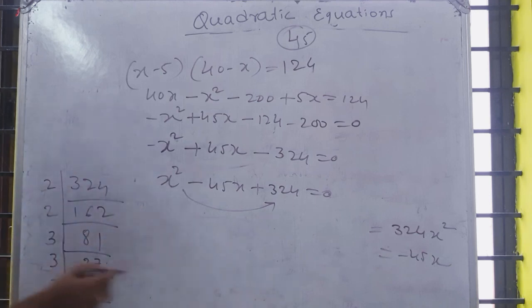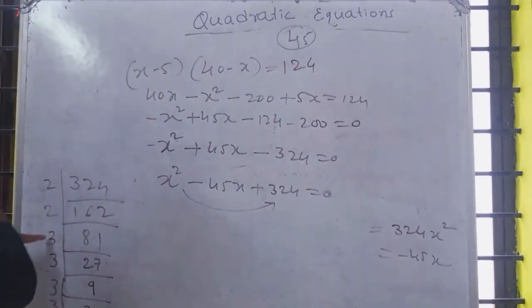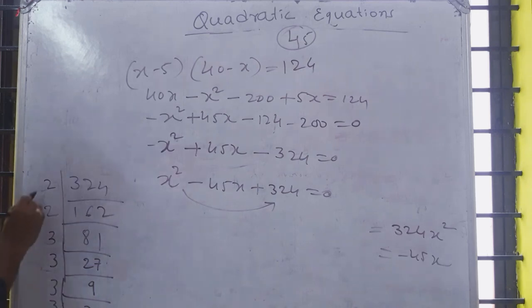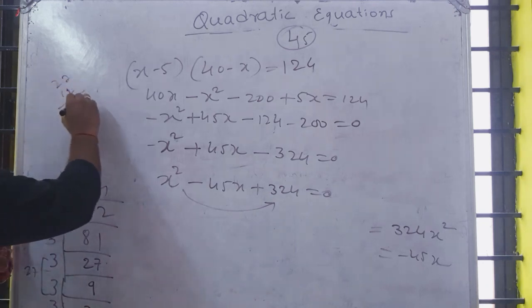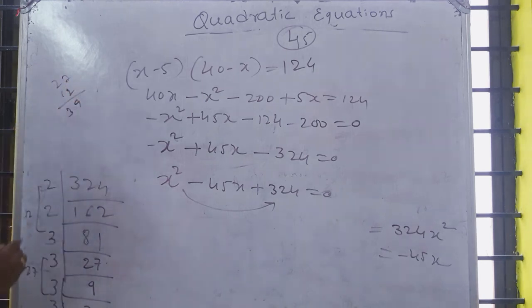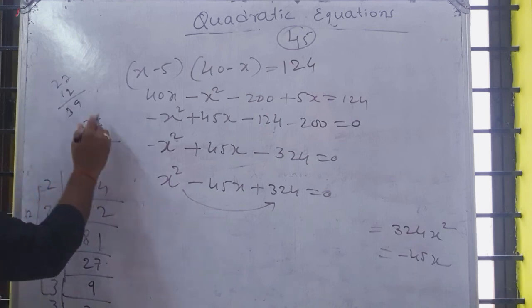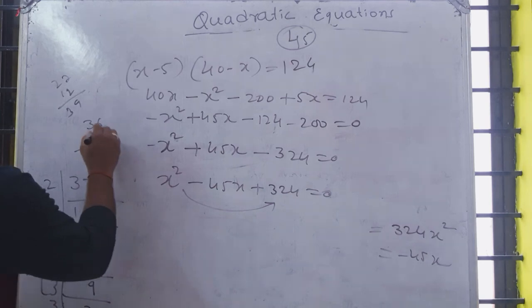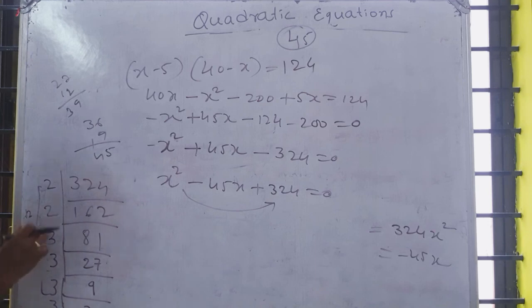Now you should get 45 here: 12 and 27, 27 plus 12, no, you won't get it, so take another one. 12 3s are 36 plus 9, how much is it? 45, yes, you get it.